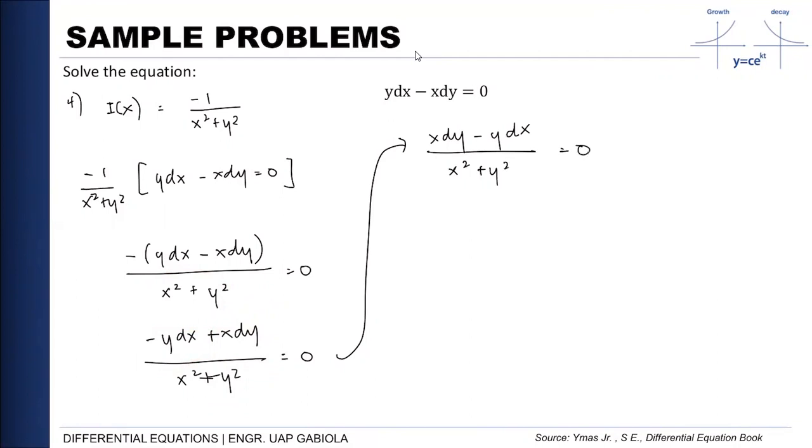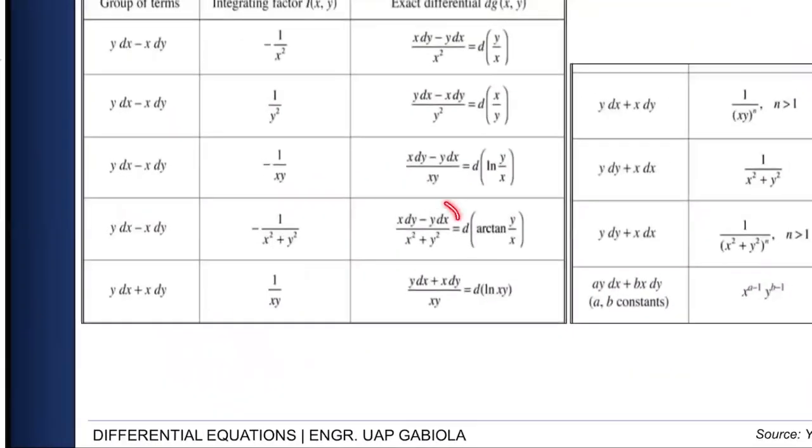Okay? So, what do you think is our answer now, no? Once you go back doon sa integrating table of integration natin, okay? Once you have this daw, ano? Okay? Equal daw siya sa exact differential ng arctangent y over x.